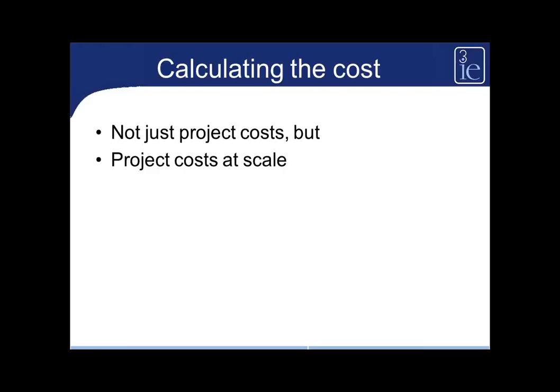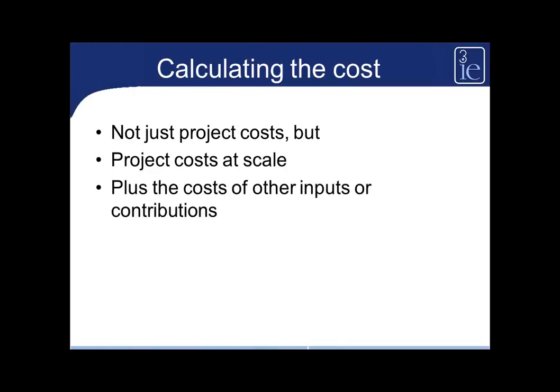It's not, because first of all, sometimes you're doing it on a pilot basis, or in part of the country, but the idea is that you want the government to scale it up in the rest of the country. And so the relevant costs are not necessarily what your project costs, but what this intervention would cost at scale. You also want to consider what are the other inputs and other contributions that are required in order to make this program happen.